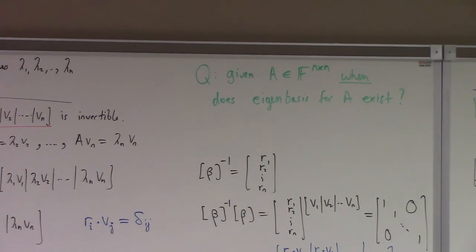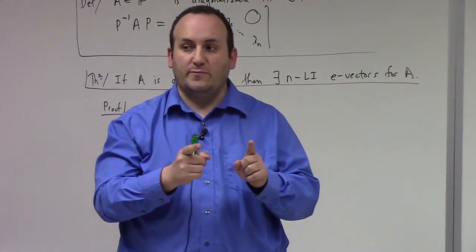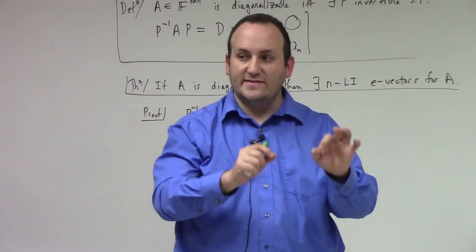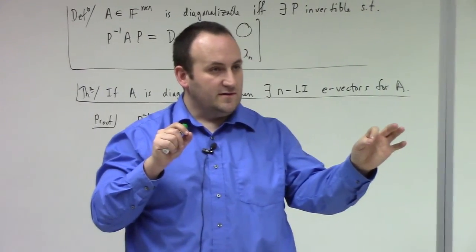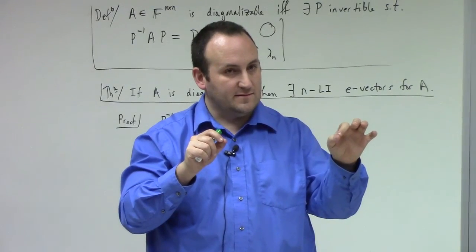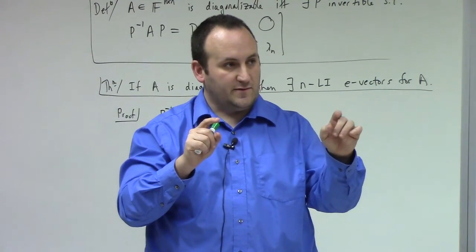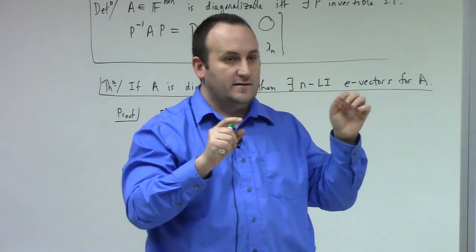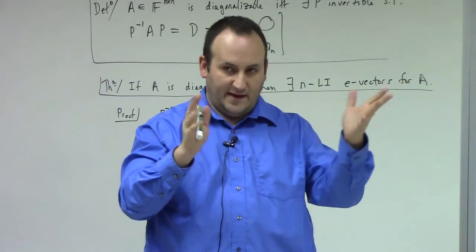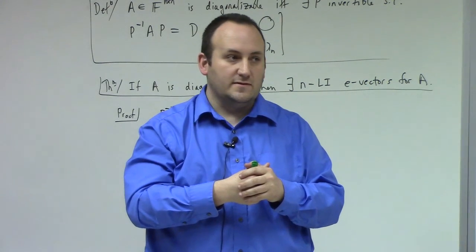That's a tough question in general, but there's some low-hanging fruit you could pick. What did we prove last time? Last time we proved that if you have distinct eigenvalues, you get linearly independent eigenvectors, right? So if we had a matrix A which had n distinct eigenvalues, all in the field, that would be enough to get diagonalizability.